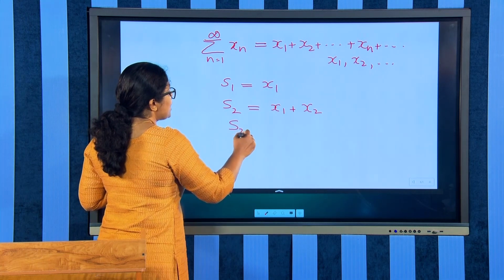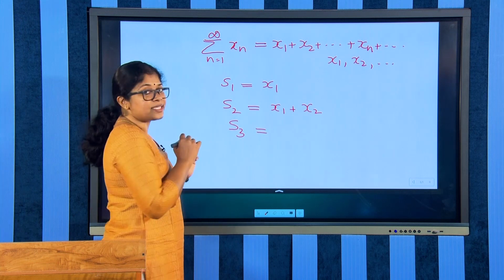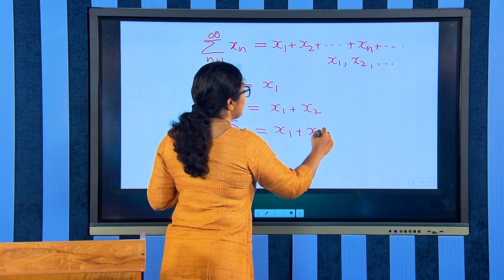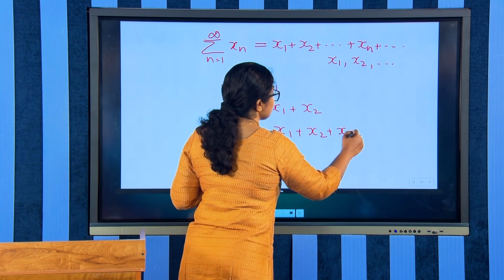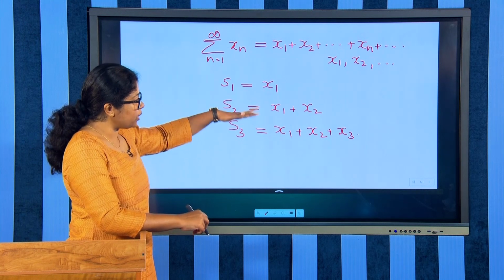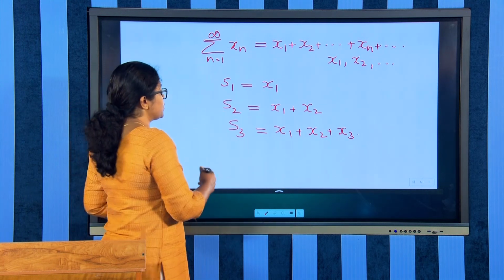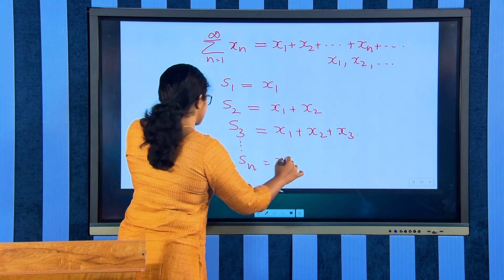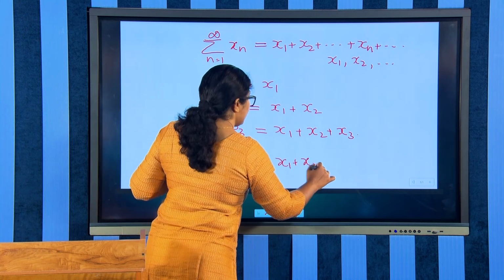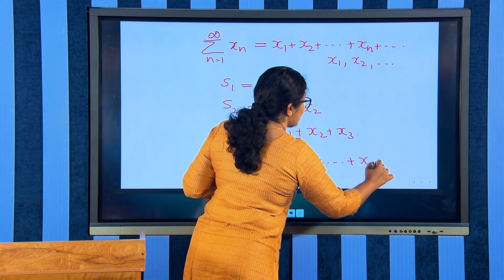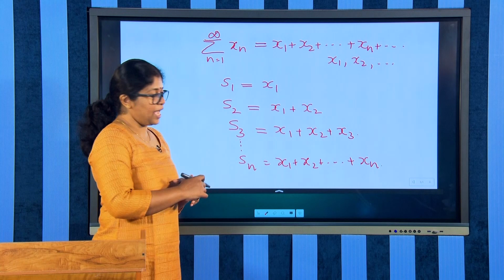The third partial sum is S3, which is x1 plus x2 plus x3. Going on like this, repeating this procedure, we will get Sn as x1 plus x2 plus etc., the last term being xn.